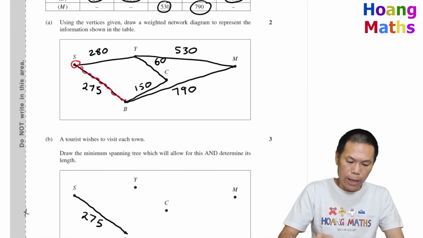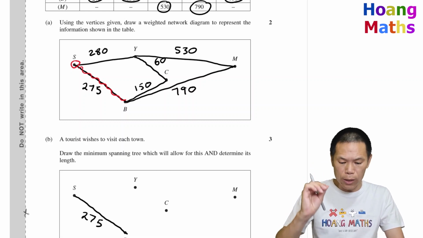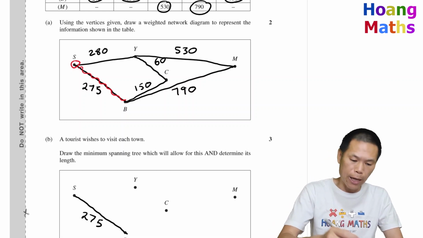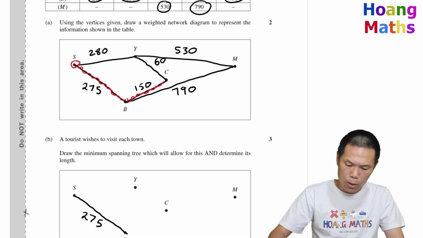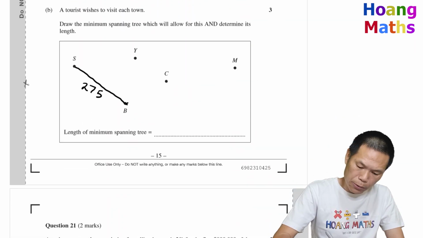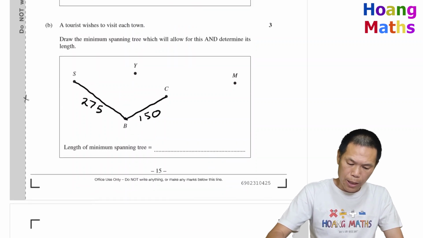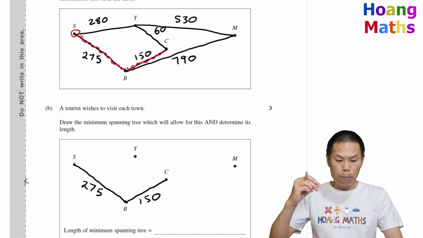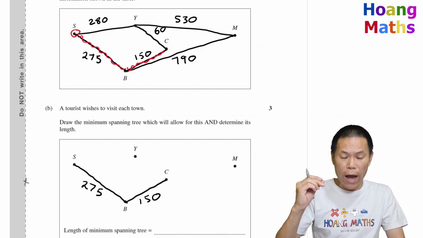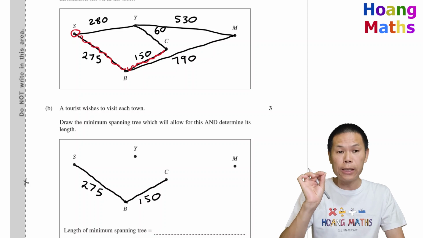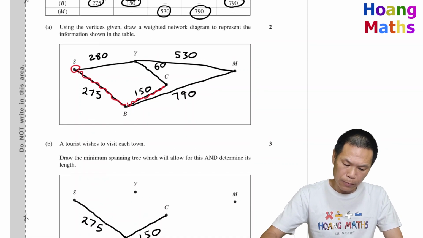And then we can start from S or B. But then the smallest value is from B to C. So B to C is the smallest value, which is 150. Then we can either start from S or C, but C to Y is better because Y to C is 60 kilometers.